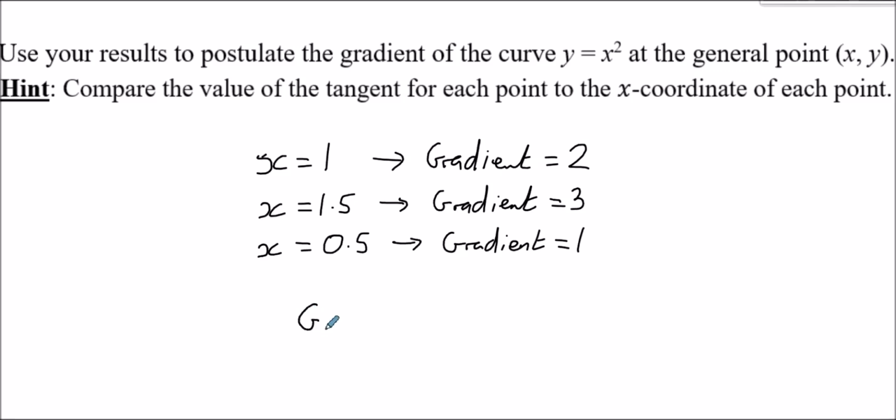And so the gradient at (x, y) for the function y equals x squared is 2x.